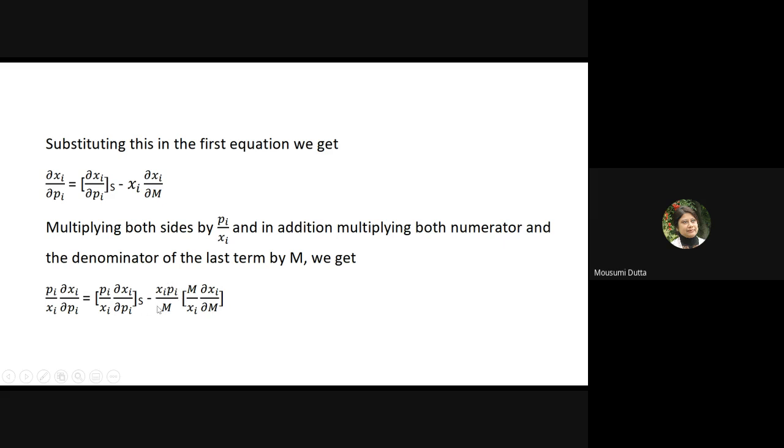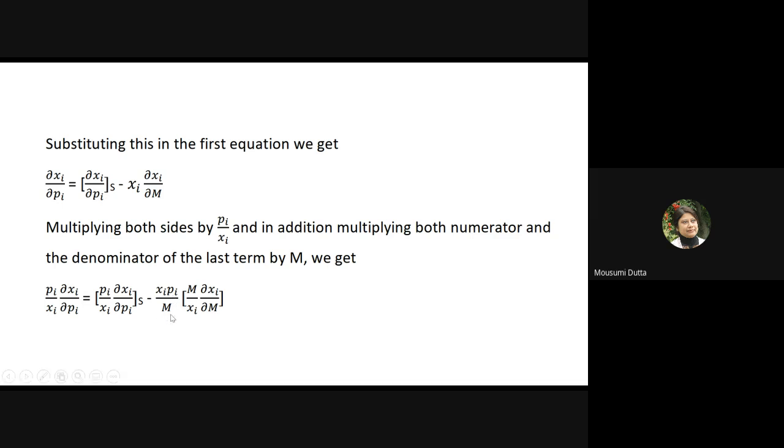I'm writing this as, for the second term, we will multiply both the numerator and denominator by M. So, Pi by Xi is there. I'm writing it in this format. So, minus Xi by Xi into Pi by M, that is proportion of income spent on a particular commodity.